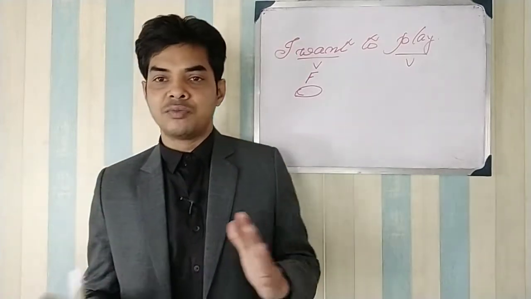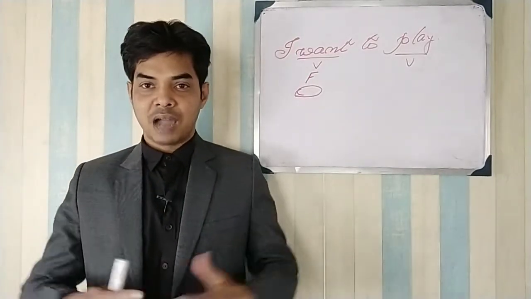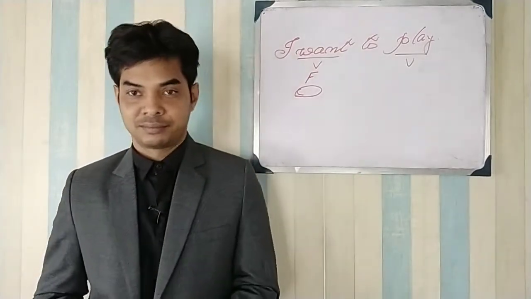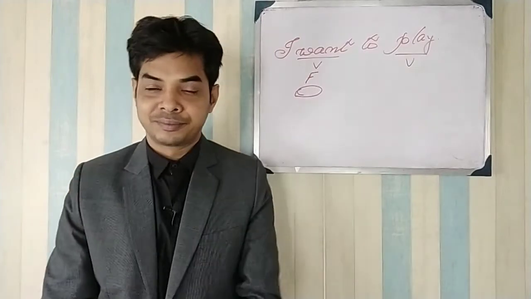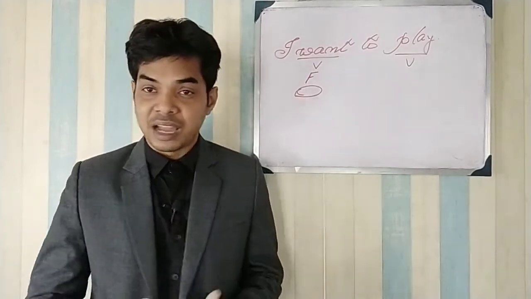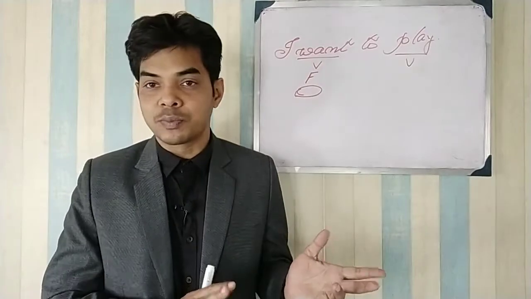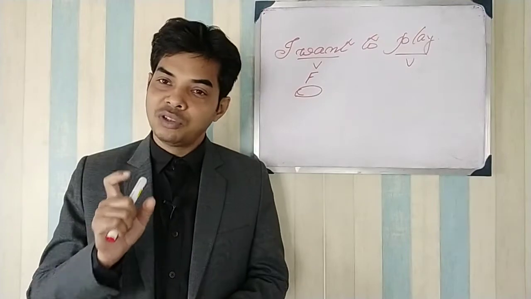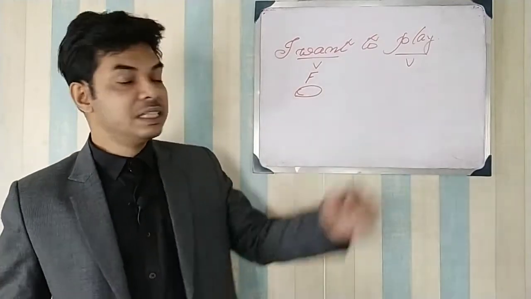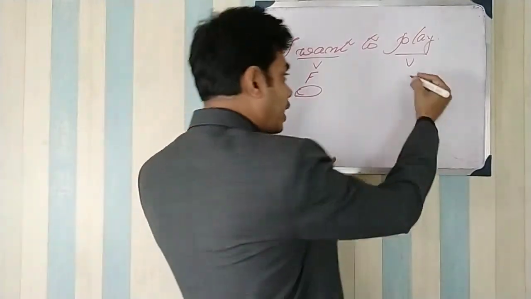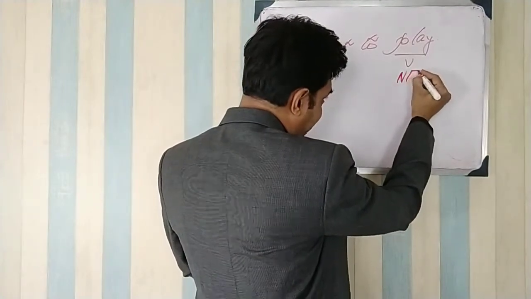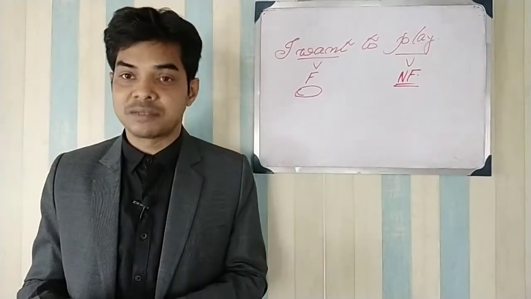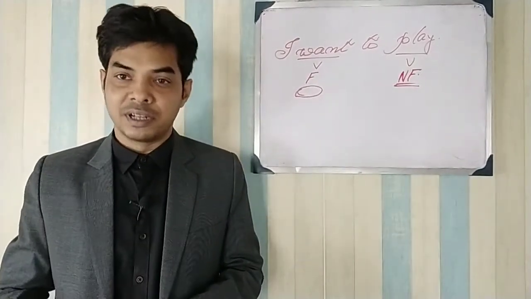Whatever change we may bring, I was wanting to play, I am wanting to play, I had wanted to play, I have wanted to play, he has wanted to play, the verb won't change. Which verb? This verb, play. That's why this is a non-finite verb, and with 'to' plus verb form, this is an infinitive.